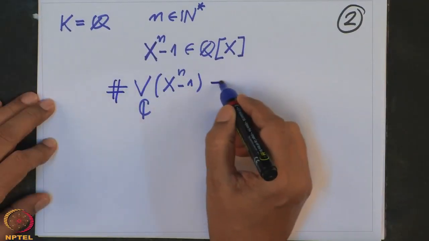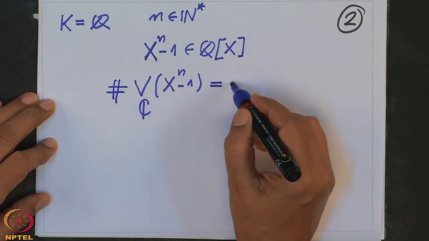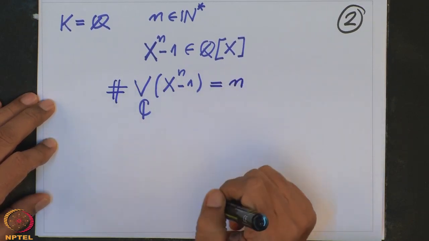So these are all distinct, and therefore the cardinality of the zero set is the degree of the polynomial, which is n. There are precisely n zeros.